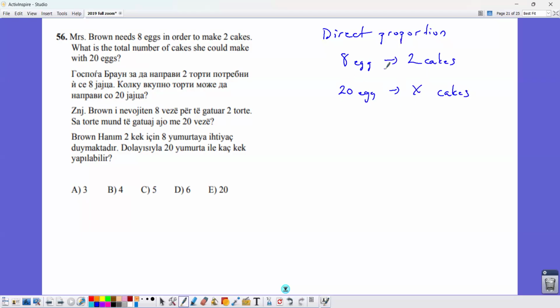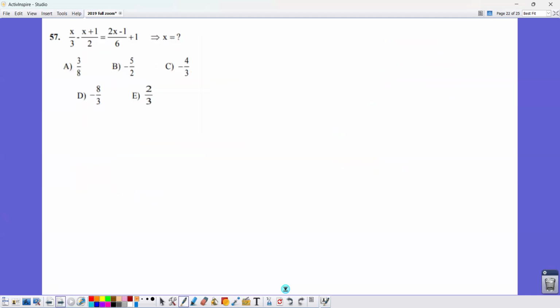So in these kind of questions, we are doing cross product. 8 times x, it is 8x is equal to 2 times 20, it is equal to 40. So when I divide by 8, x is equal to 40 over 8, which is 5. So with 20 eggs, 5 cakes she can make. This is called direct proportion.